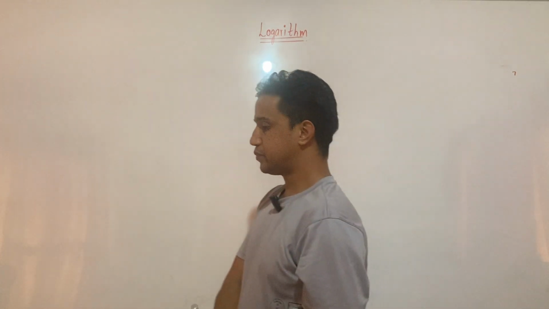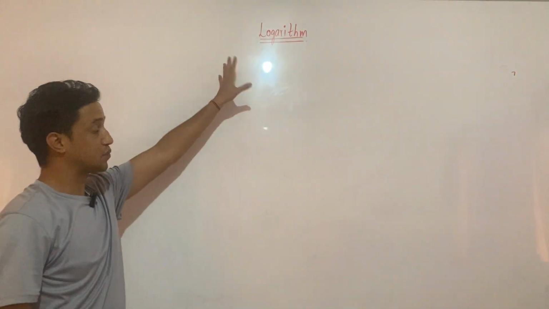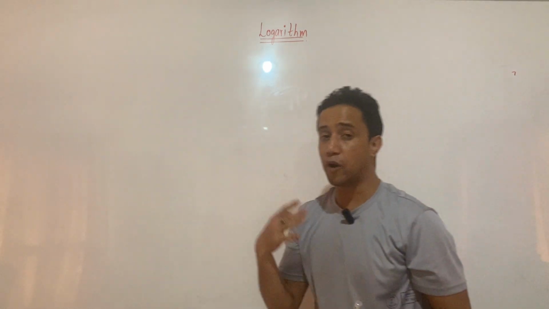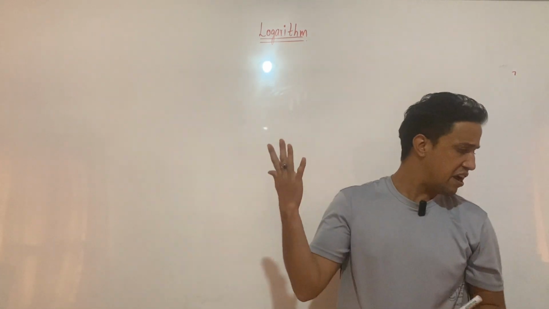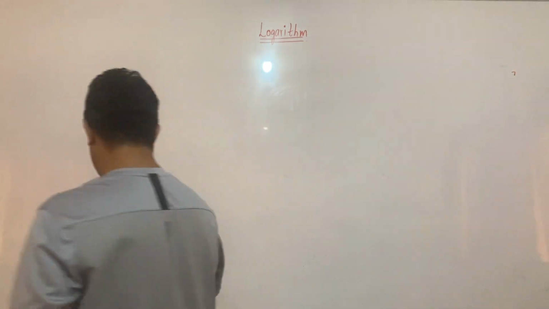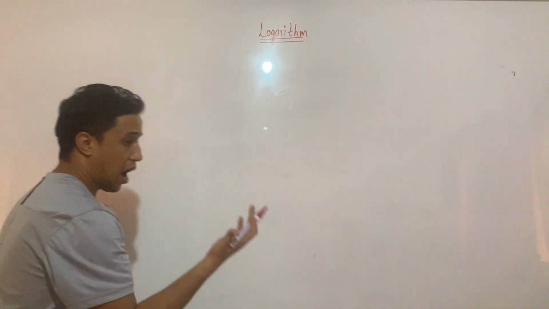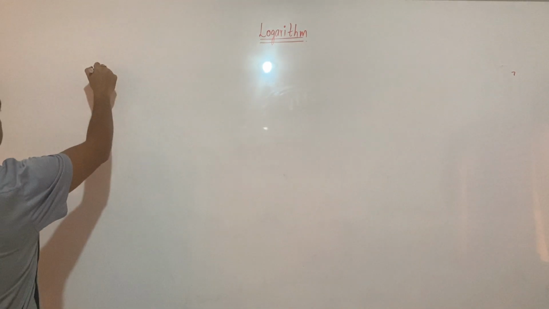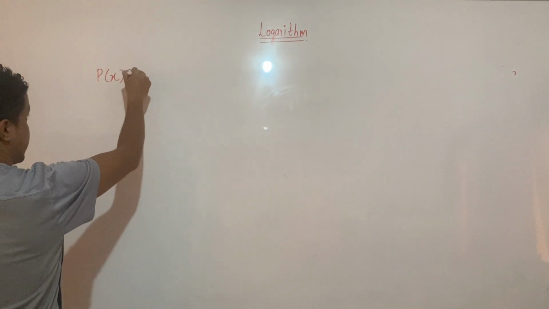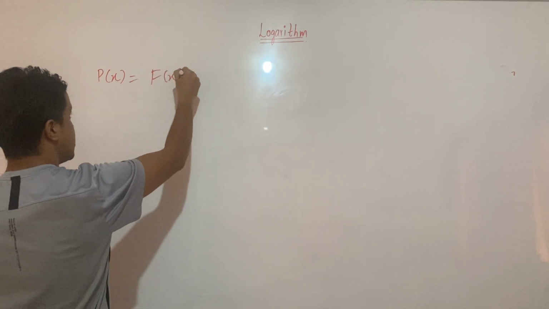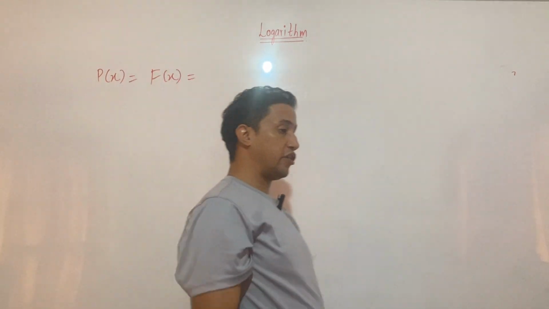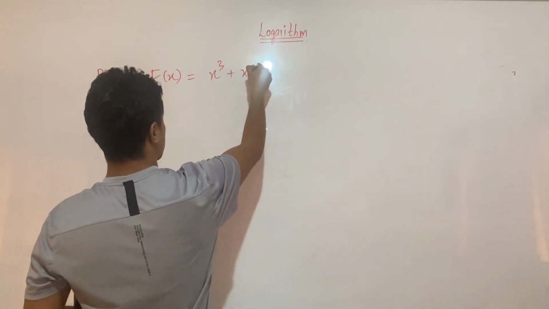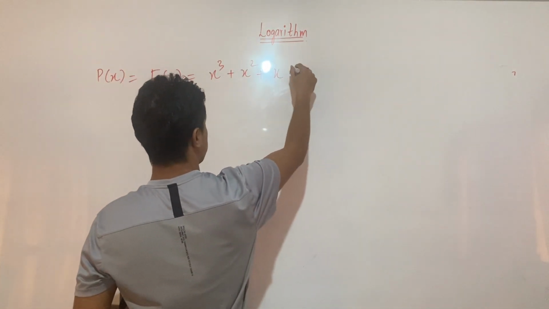Now, when we talk about polynomial functions, we represent a polynomial function as p(x), or I can say f(x). So I'm writing here any polynomial function, for example x cubed plus x squared plus x plus 1.